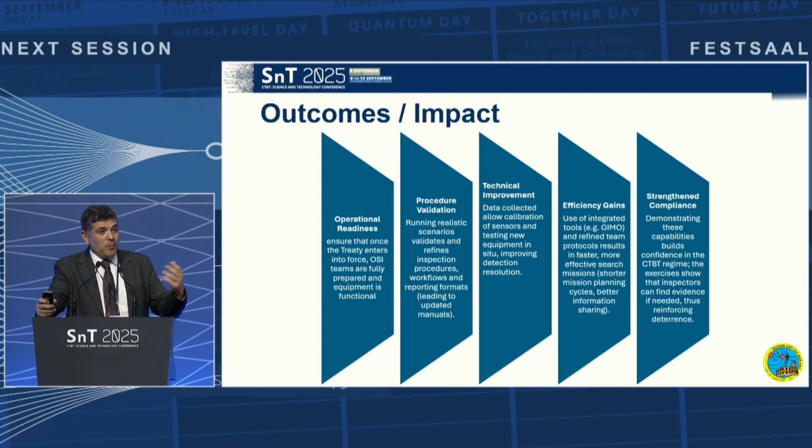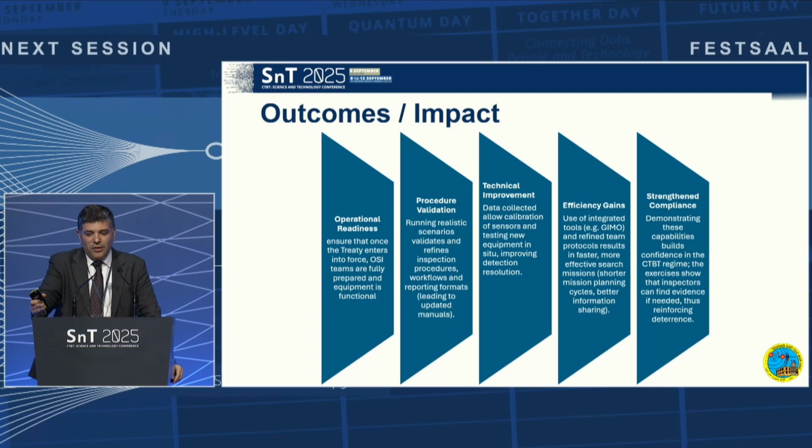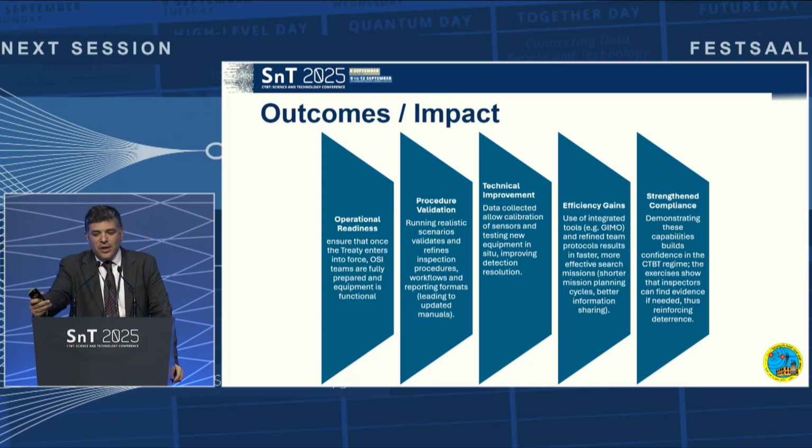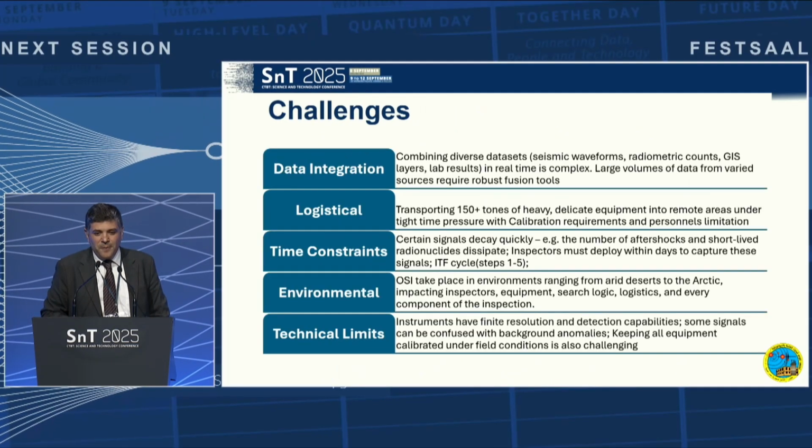So it's very important to integrate all of the information into one pool and provide tools to the whole team to analyze. Of course, strength and compliance of these exercises are very important as evidence for reinforcing the treaty and the message of the treaty.